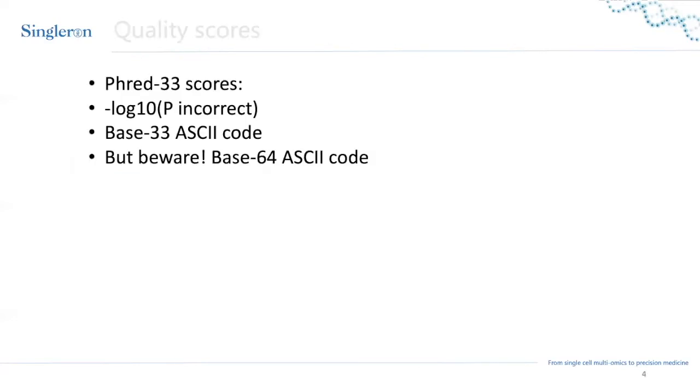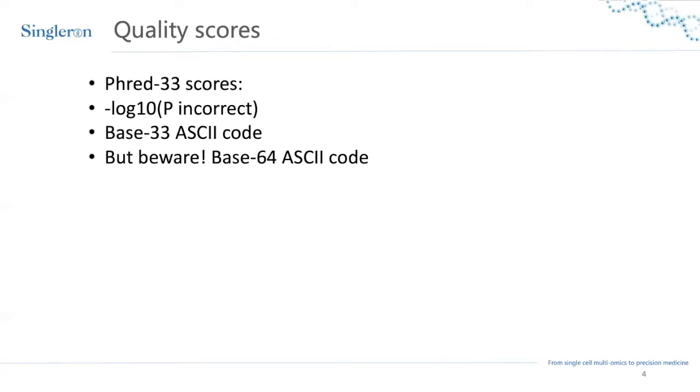Is it good? Is it bad? So basically the quality scores are Phred33 quality scores. They are minus log 10 of the probability of this base being incorrect. Therefore, the higher the number, the better the quality is, which means there's a lower chance of it being a false base. The encoding is just done using a base 33 ASCII code.